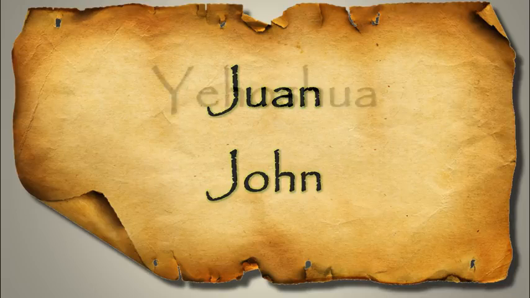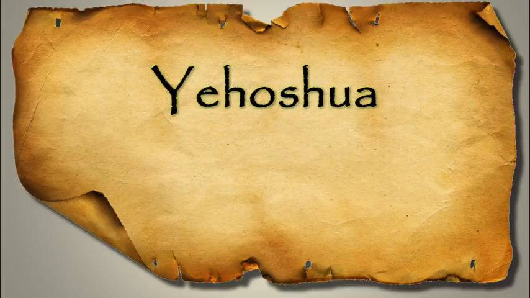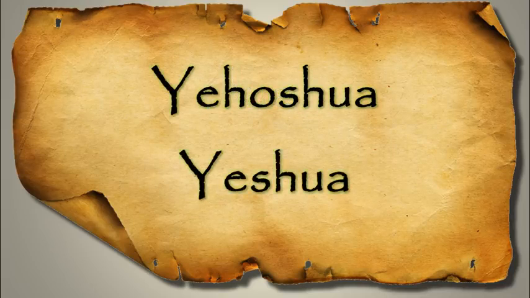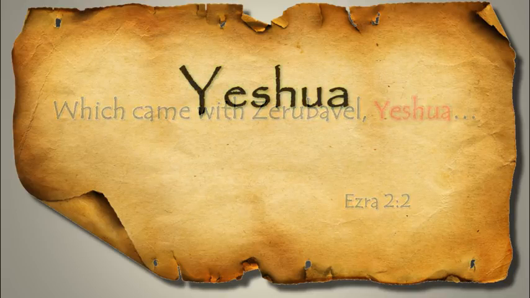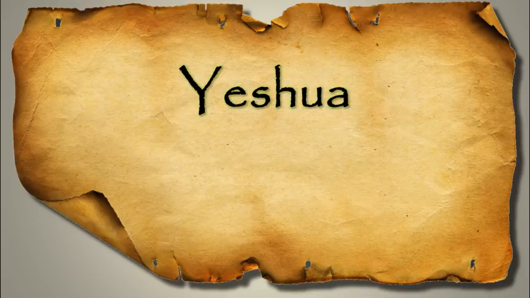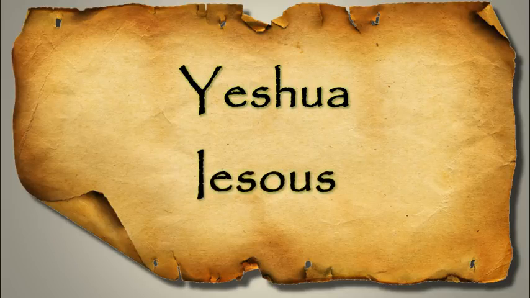The Hebrew name Yehoshua is Yeshua in the Aramaic language, such as we can see in Ezra 2 verse 2. When this Aramaic name was transliterated in the Greek Septuagint, they used the same method that I stated above, and it comes out to Iesous, the same as it did for Yehoshua.